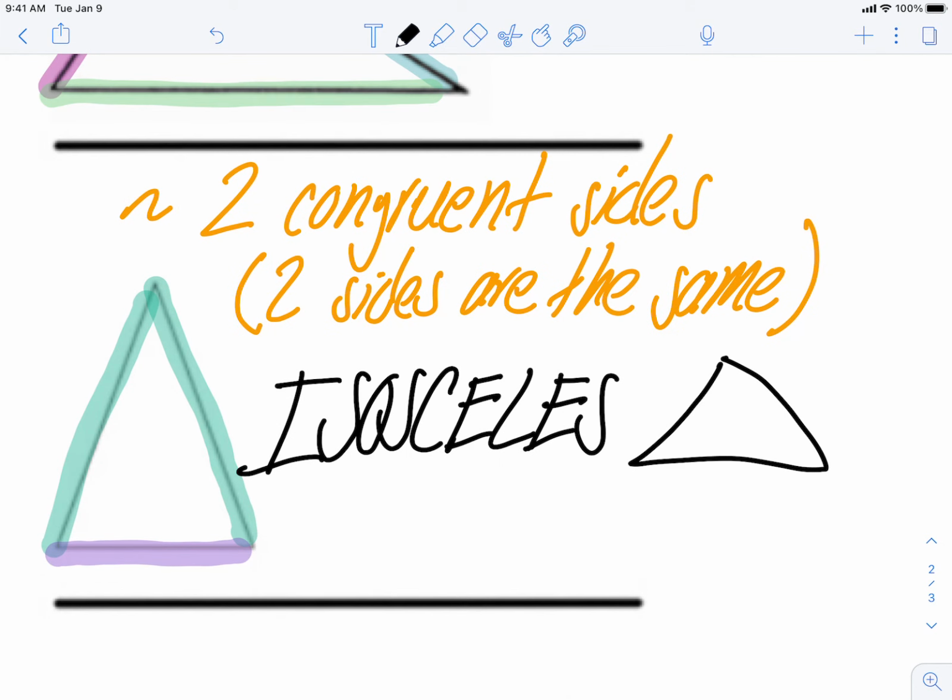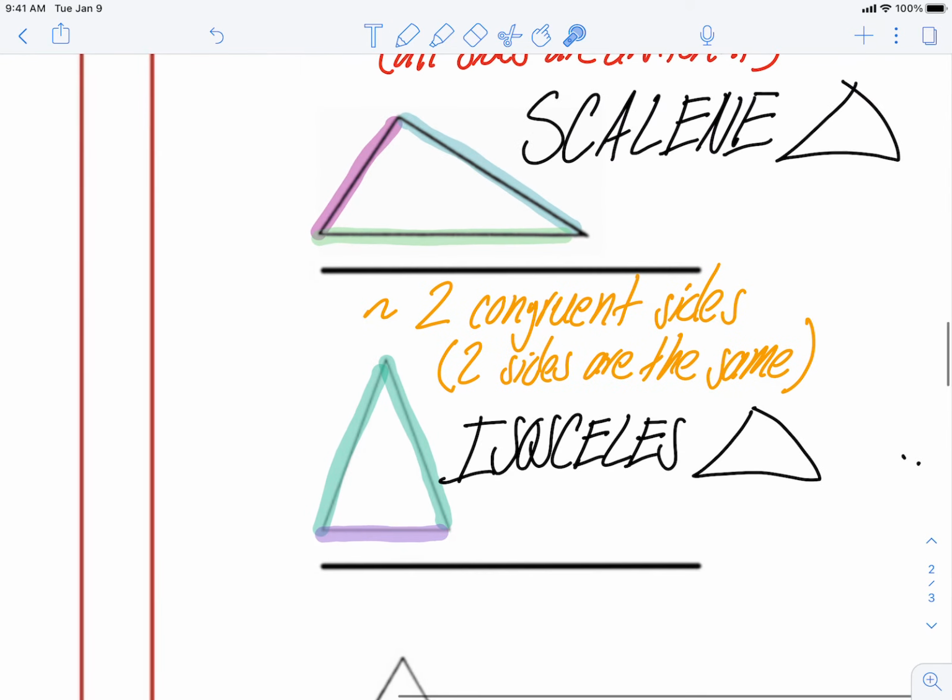An isosceles triangle has two congruent sides. Look, this is the same as that, and this bottom side is a little shorter. That's what we call an isosceles triangle.